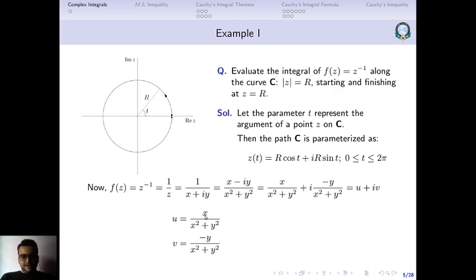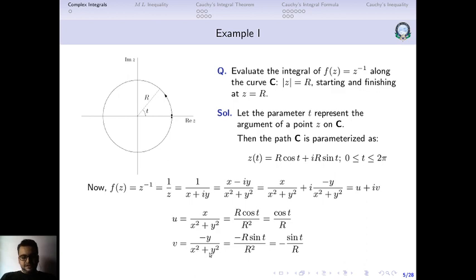Now what is x? x is r cos t, right? And what is x square plus y square? x square plus y square is r square, right? So r cos t divided by r square gives us cos t by r, and v is equal to minus y. Minus y is minus r sin t, and again this one is the square of the magnitude of the radius.